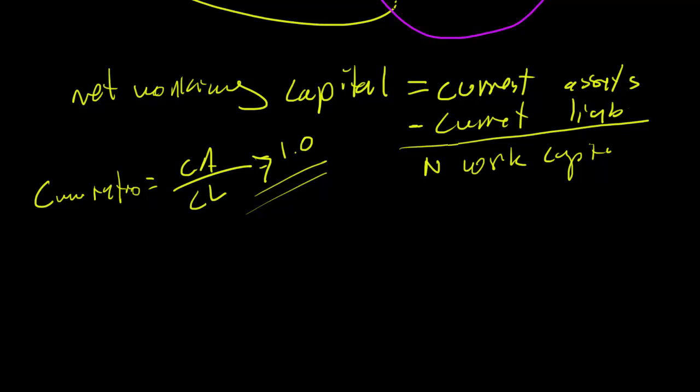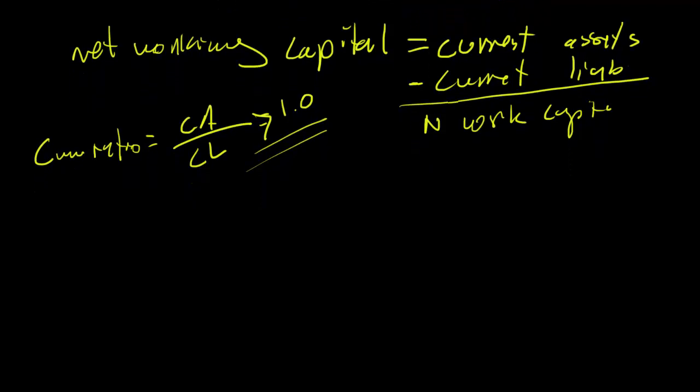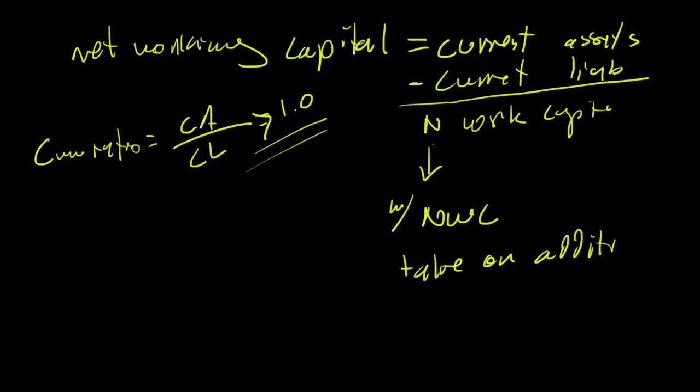So net working capital then reflects all the cash or all the liquidable assets that we have left over after we pay off our current liabilities. And net working capital is a crucial instrument because with net working capital, we can take on or pay for additional projects.